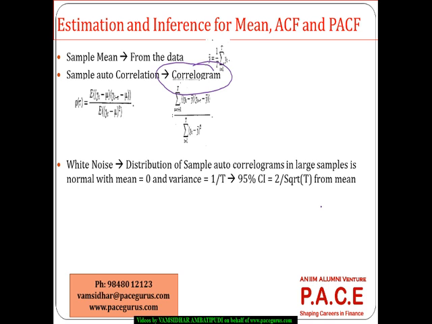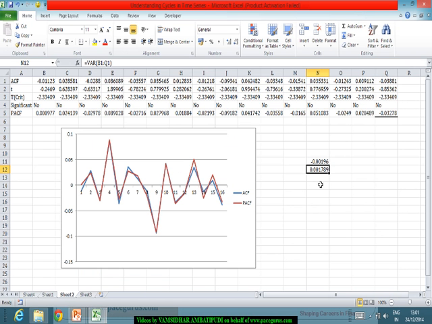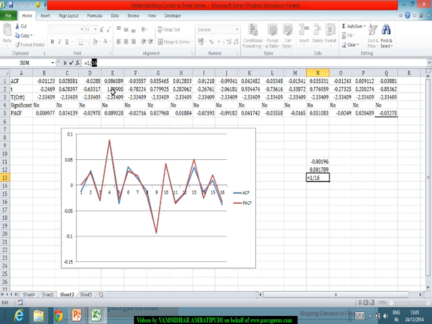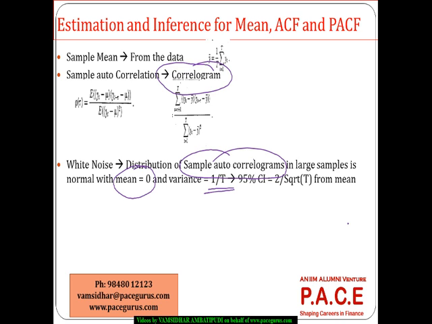Now, what it says is that the distribution of the sample autocorrelogram should be normal with mean 0 and a variance almost equal to 1 by T. Here my sample size is 485, so the variance of this sample autocorrelogram should be somewhere around 0.002. I got it as 0.0017. So more or less, the variance is similar to that.